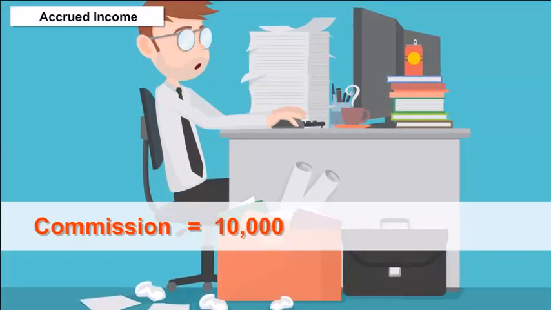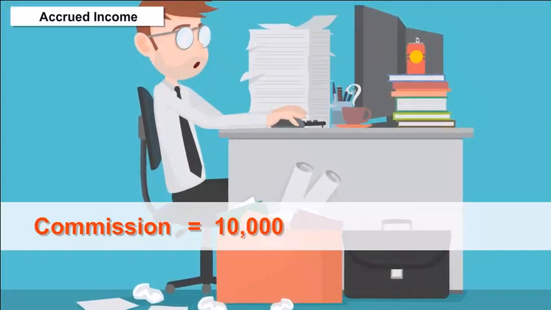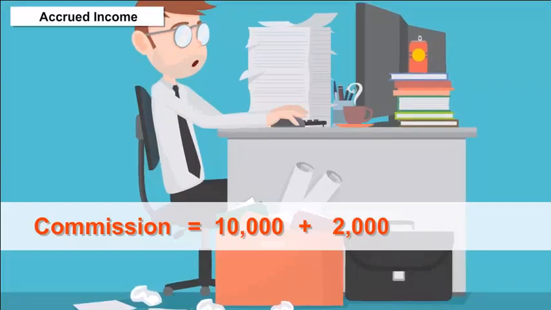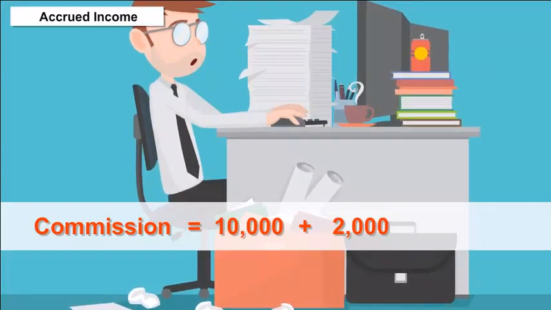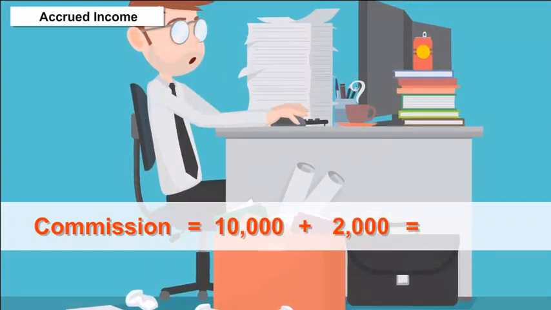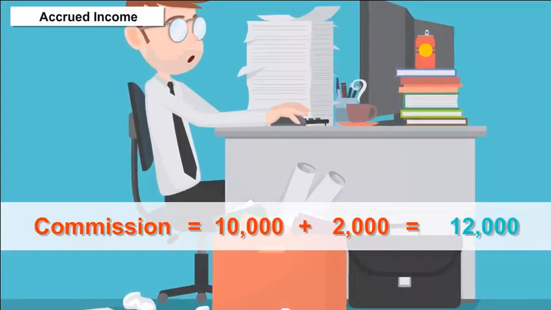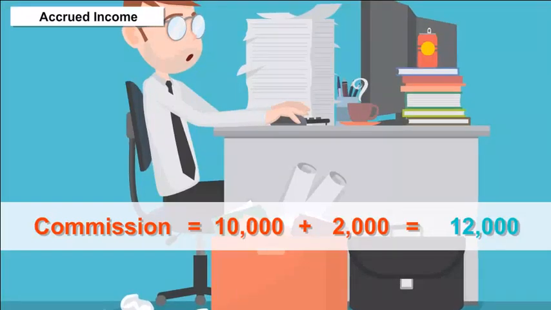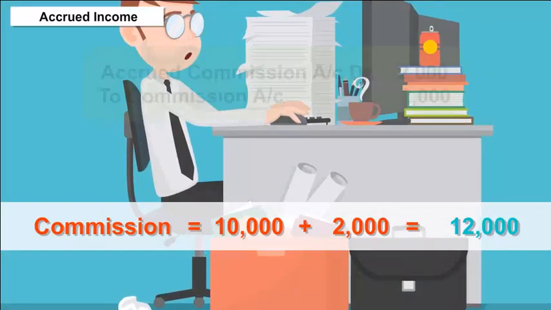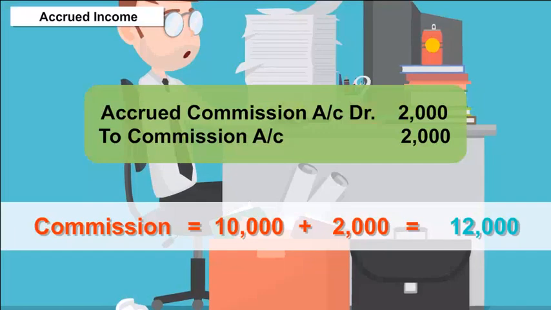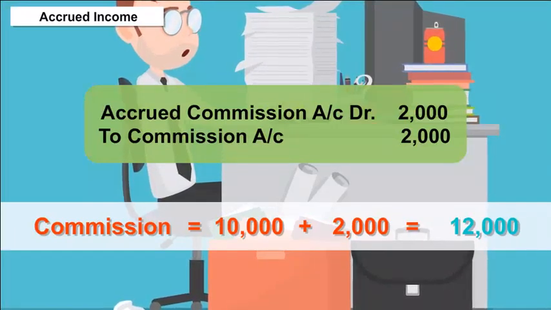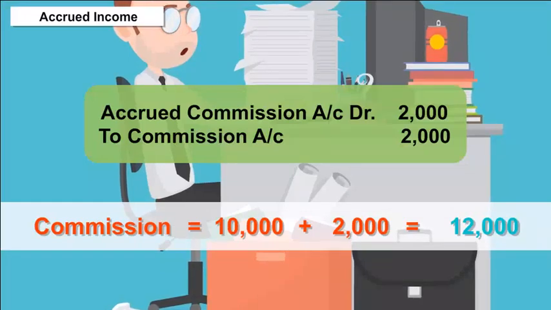We assume that he has to still receive 2,000 commission from that party. So, the total commission earned would be 12,000. So, the adjustment for the accrued commission would be accrued commission account debit 2,000 to commission account 2,000.